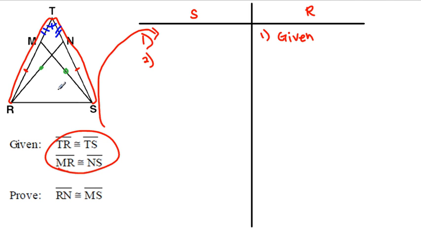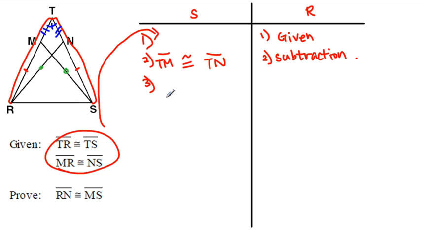Now, after we have done that, TM is congruent to TN, and the reasoning was the subtraction postulate. Next one was angle T congruent to angle T. That was the reflexive property.